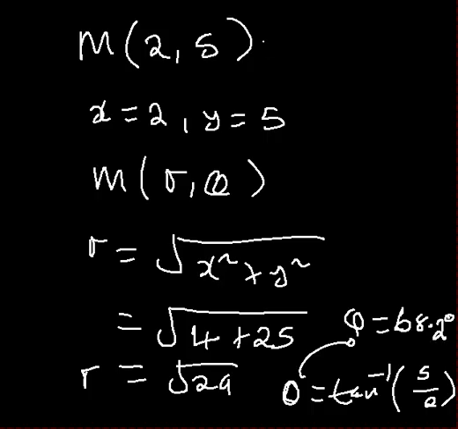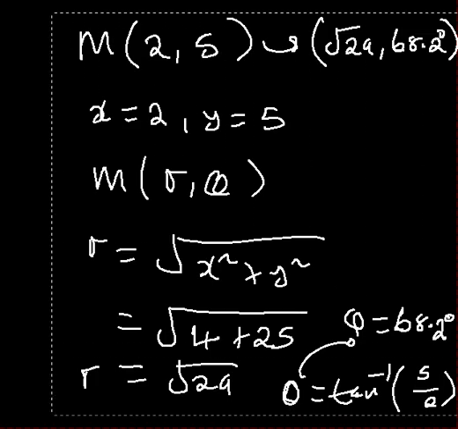Therefore, the point M in terms of the polar coordinate system will now be given as (square root of 29, 68.2 degrees). So that's how we should have it.